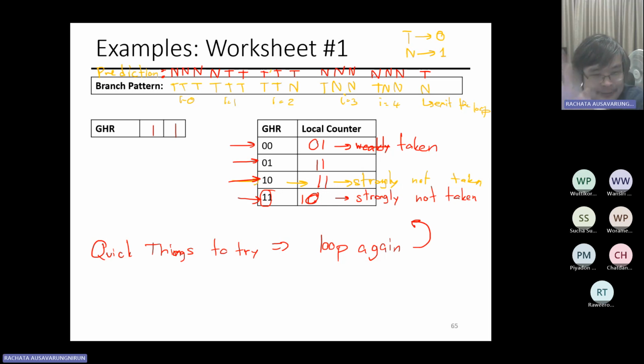The local counter for each pattern in the GHR would learn by itself. Then it would get better and better at the prediction until it saturates at some pattern. So this would slowly improve the prediction until the state of the GHR and the local counter reach some steady state.